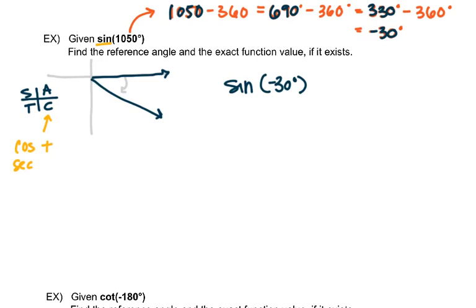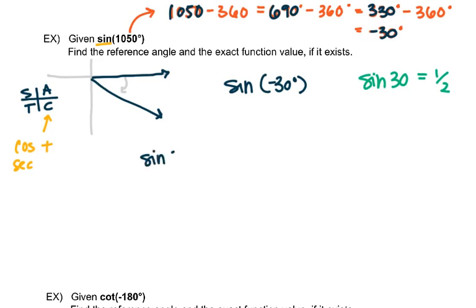So what is sine of positive 30 degrees? This is a value that I told you that you need to memorize. And even if you can't memorize it, you need to be able to derive it quickly. Sine of 30 degrees is 1/2. So that means sine of negative 30 is going to be a 1/2, but is it positive or negative? Since we're in quadrant 4, sine is going to be negative.